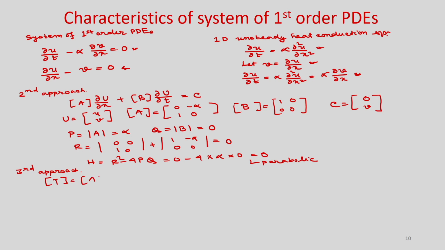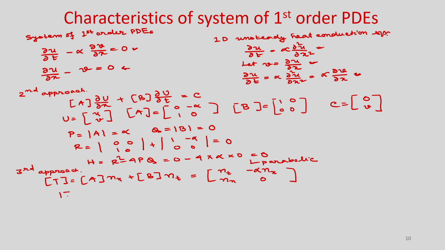T will be A nₓ + B nₜ. I am writing nₜ because it is a time derivative. If you put in A and B, you finally get a matrix with entries nₜ, −α nₓ, nₓ and 0.